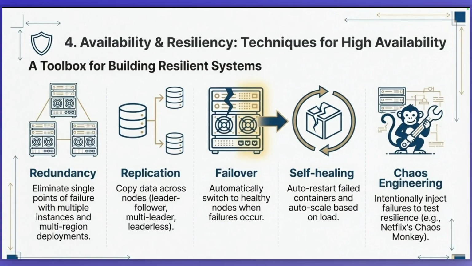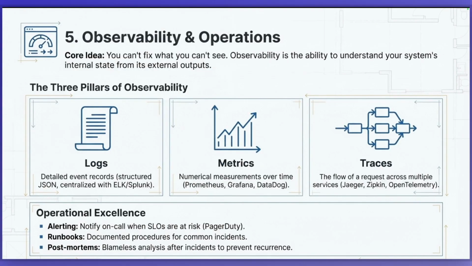And there's another technique that is generally used, chaos engineering, to build our services resilient, fault tolerant, and available most of the time. And observability and operations is one of the most important techniques that we need to understand, because you can't fix what you can't see. If you can't observe what the failure was and how it happened, we will not be able to find a solution to fix it, right?